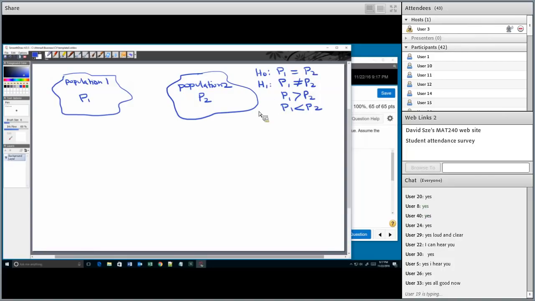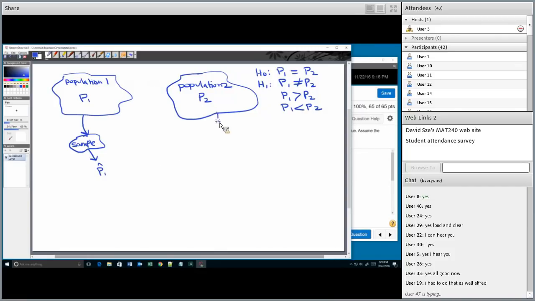So this is essentially the hypothesis test. So what do you do? You go ahead and you take a small sample. This is a sample, and this gives you P1 hat, right?